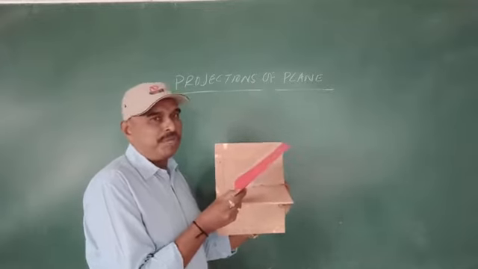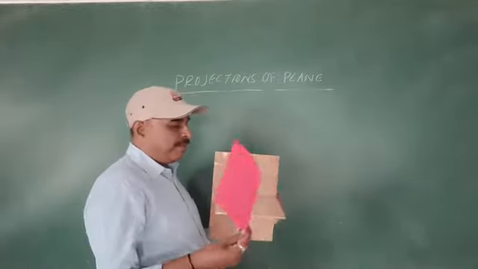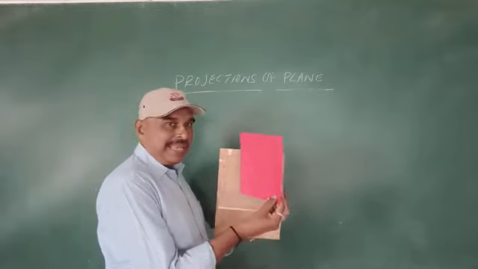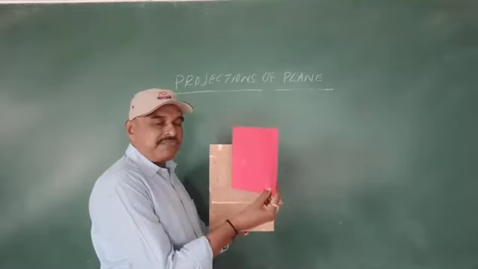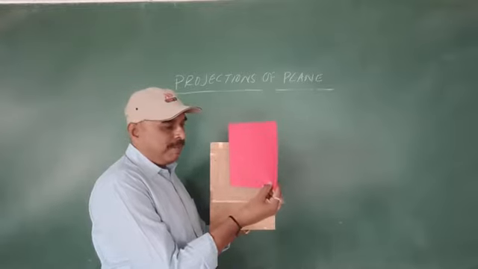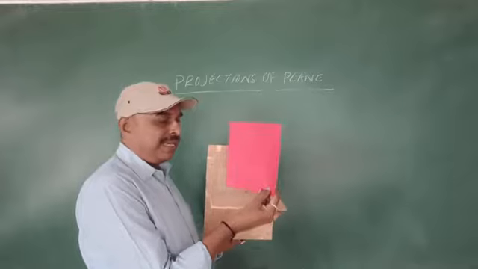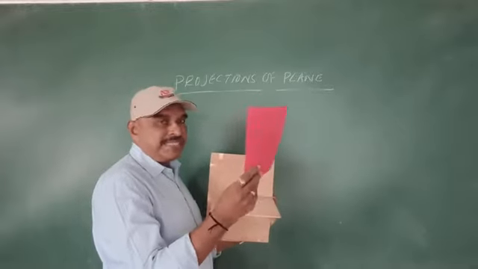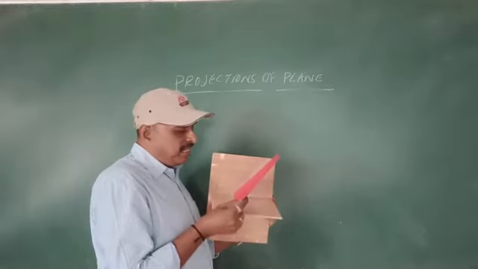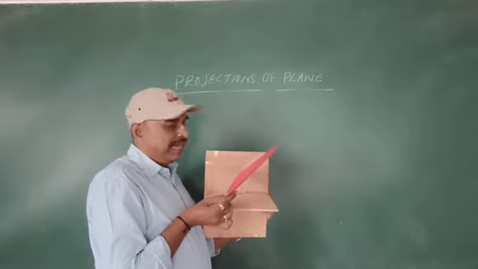Another position is when the plane surface is inclined to VP and perpendicular to HP. And another position is the plane surface inclined to HP as well as inclined to VP.